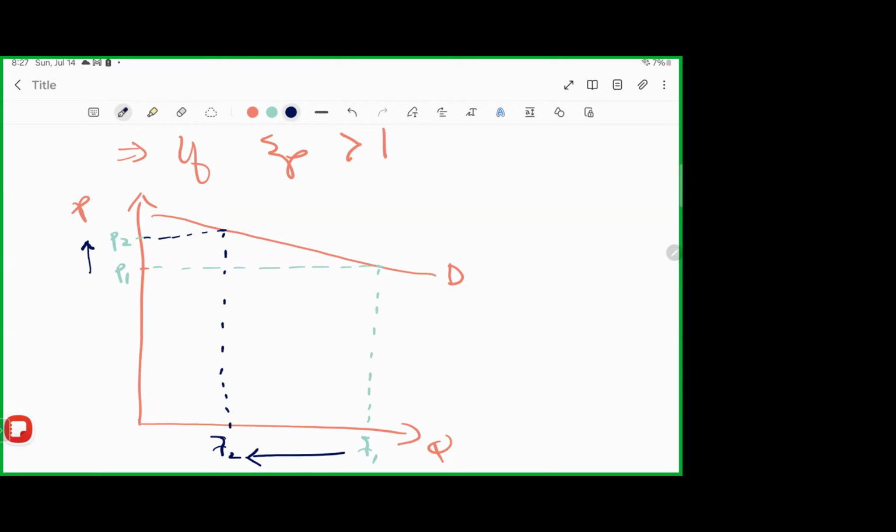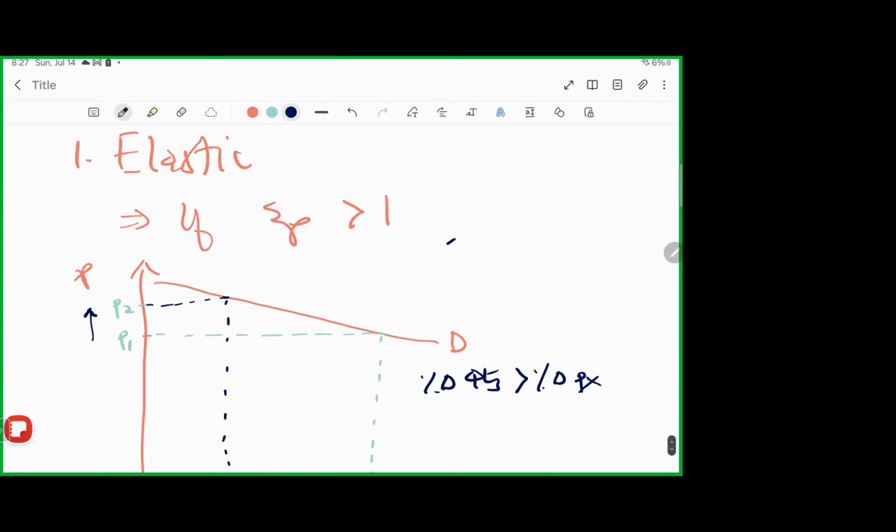So elastic means that if demand is elastic, the percentage change in quantity would be greater than the percentage change in what? In price.